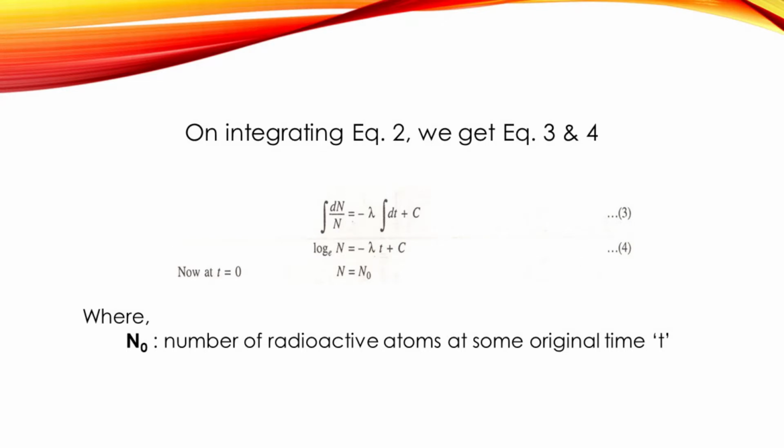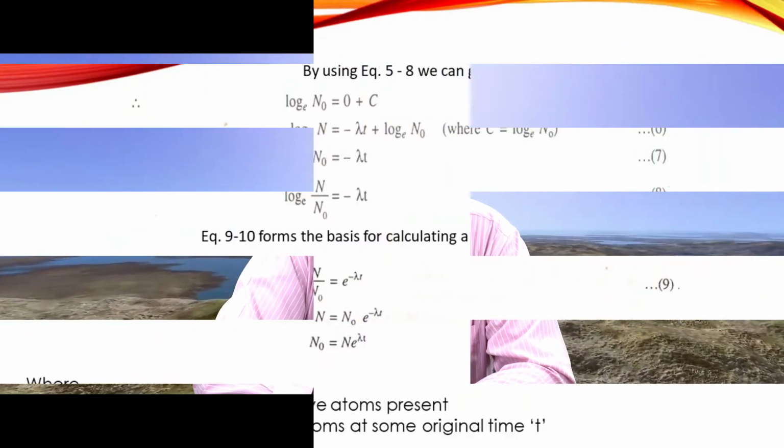These are the integral of dN/N = -λ times the integral of dt plus an integral constant, which can also be written as log N to base e = -λt plus an integral constant. Now at t = 0, that is at time 0, we get N = N0, where N0 represents the number of radioactive atoms present at the original time.